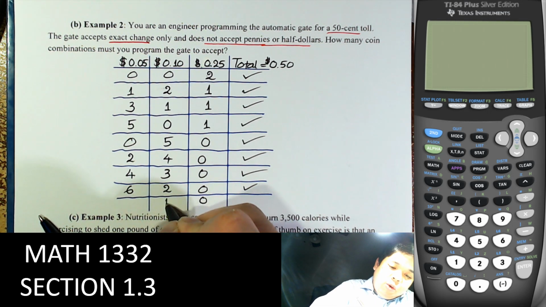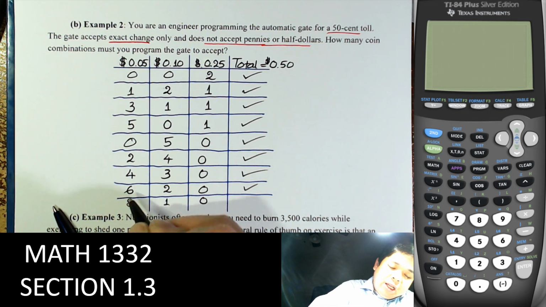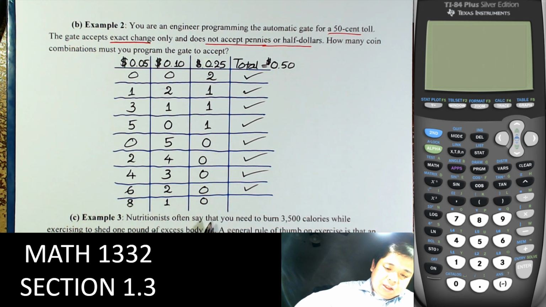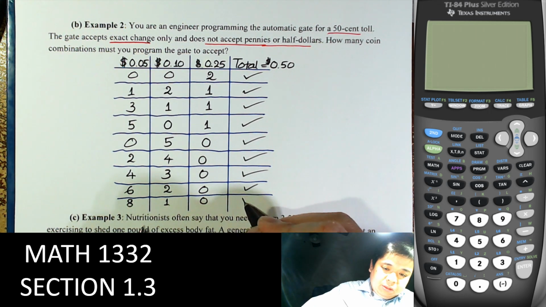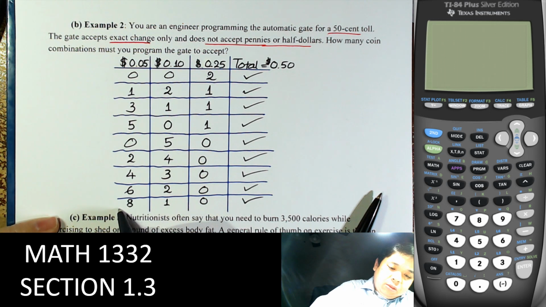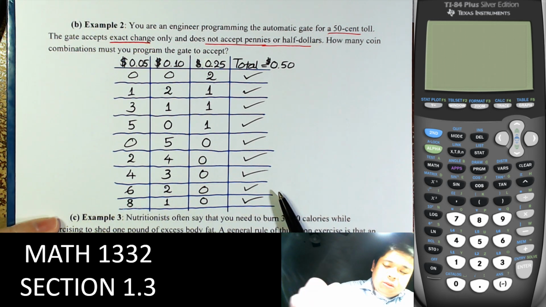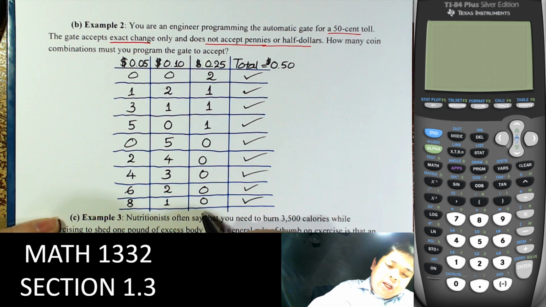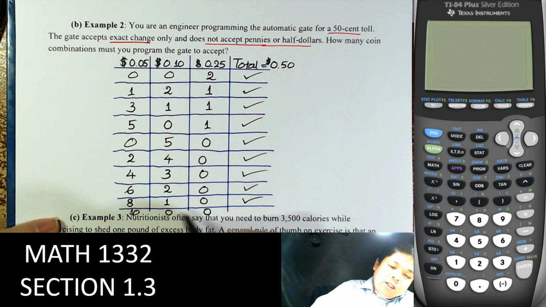And if we have 1 dime, that would be 8. And if there's 0 dimes, we need 10.